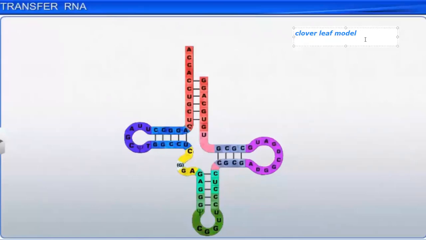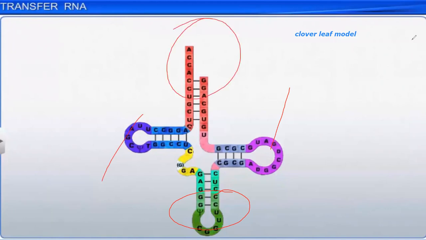Again, I will say, this is the enzyme recognition site. This is the messenger RNA recognition site. This is the ribosomal recognition site, and this is the site which will be selecting an amino group and bringing it along with it. Fine. I think time is getting over.